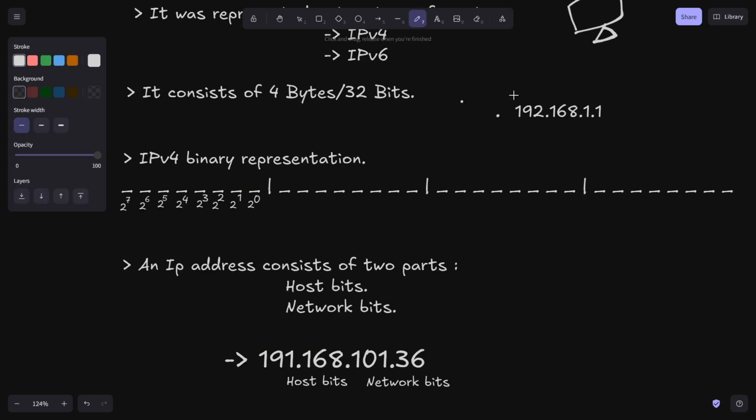As humans, we can understand these numbers, but for the computer to understand them, they will be converted to binary form, like zeros and ones, right? And this is the binary representation of an IPv4 address. Here we can see there are 8 bits in each part and a total of 32 bits, separated by periods.